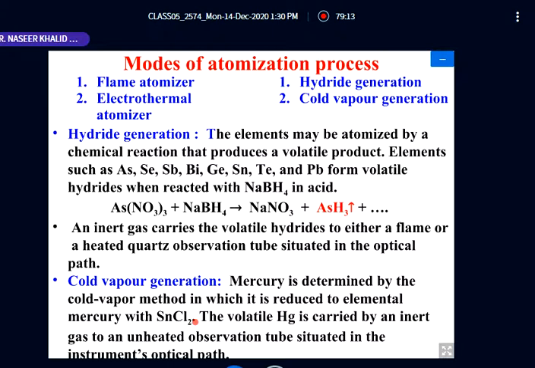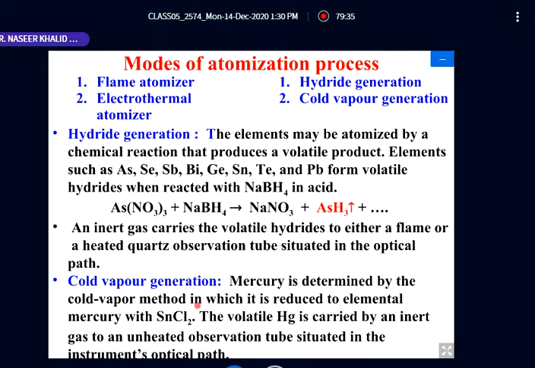For example, if a thermometer breaks in your home, we are unable to collect the mercury. It gets distributed across the floor and then evaporates into the atmosphere. So be careful.